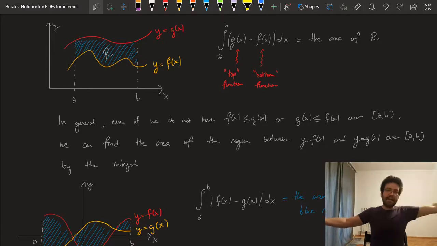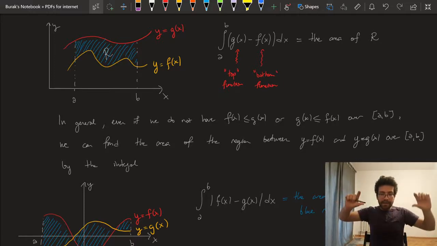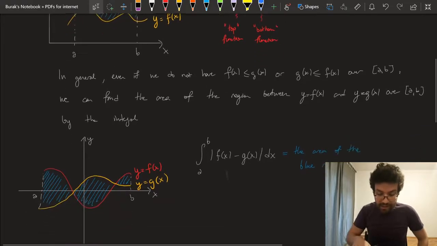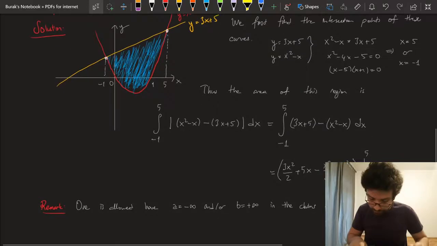You can pretend that a is negative infinity, so you're integrating from negative infinity to something, and you can allow b to be infinity. Maybe you have two curves, and the region between them is not bounded, but it extends to infinity, so you may have to integrate from minus infinity to plus infinity. That's fine, because we learned about improper integrals. What I'm saying is that I'm allowing a and b to be negative infinity and positive infinity respectively.